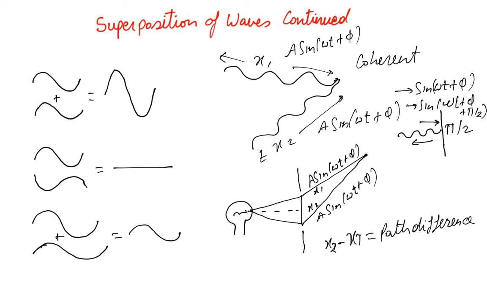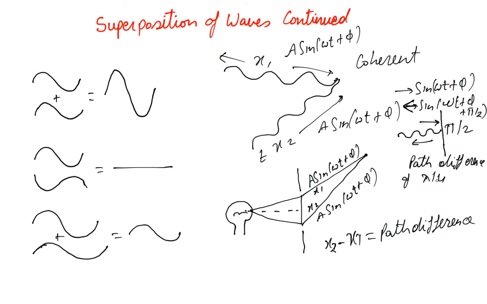So this is the incoming wave, and this is the outgoing wave. So it suffers a phase difference of pi over 2 when it gets reflected. Well, you can also say that it suffers a path difference of lambda over 4.